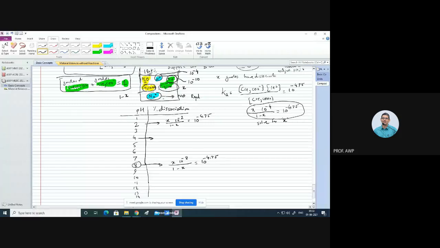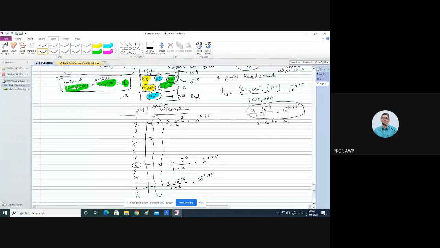This X will be the fraction dissociated, because we have taken X as the fraction out of that 1 mole. Multiply that by 100, I will get percent dissociation. If your pH is 12, X into 10 raised to minus 12 divided by 1 minus X would be equal to 10 raised to minus 4.75. So you can calculate the degree of dissociation for any pH you want.